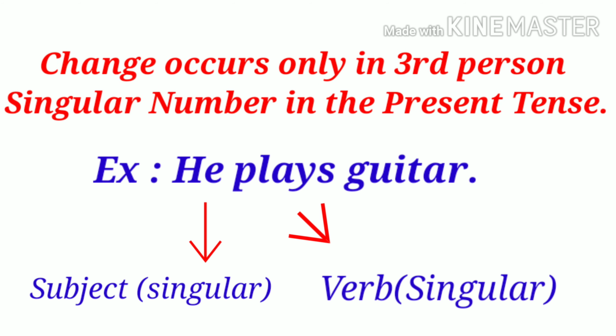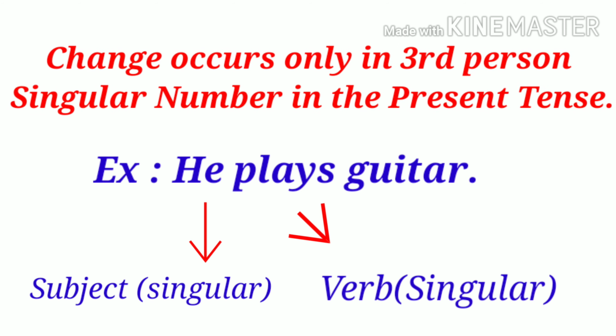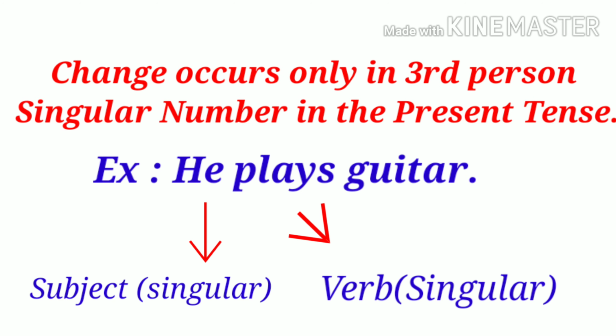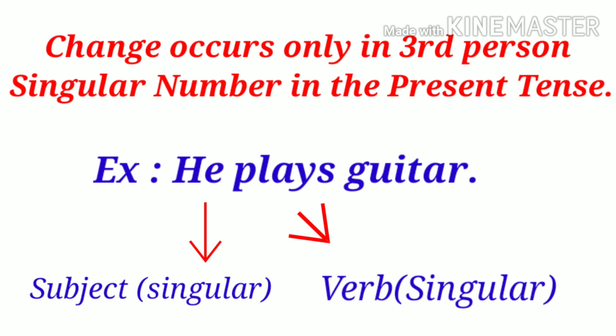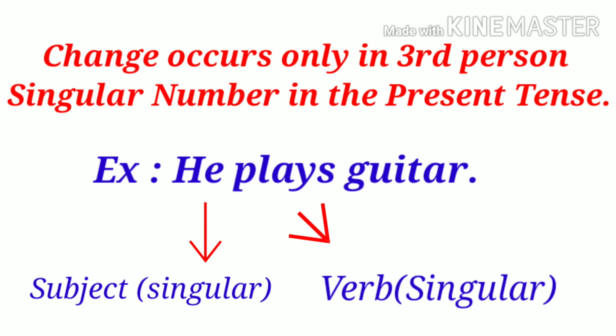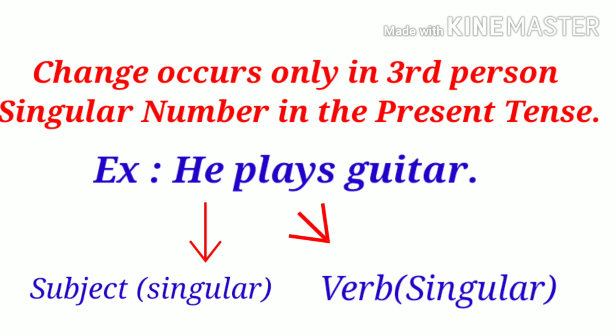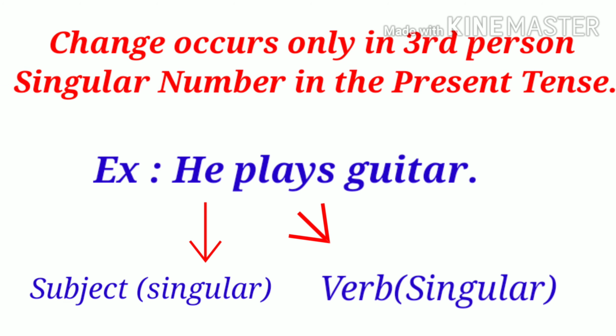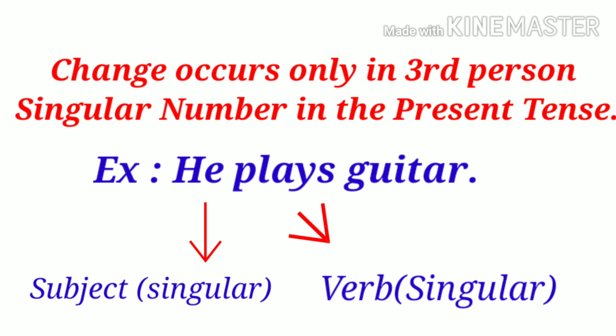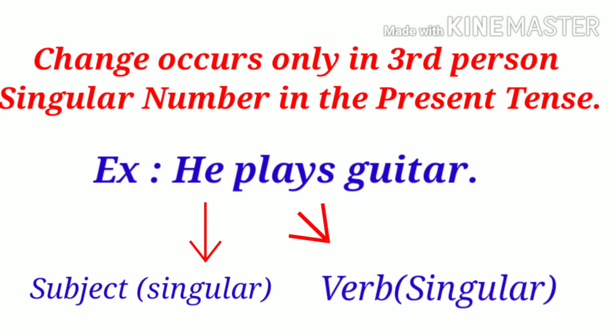Okay? For example, he plays guitar. Here he is the subject and it is singular. Then plays is the verb, and you may think that it is a plural verb, but no, it is a singular verb because this verb has to agree with the subject he, which is singular.